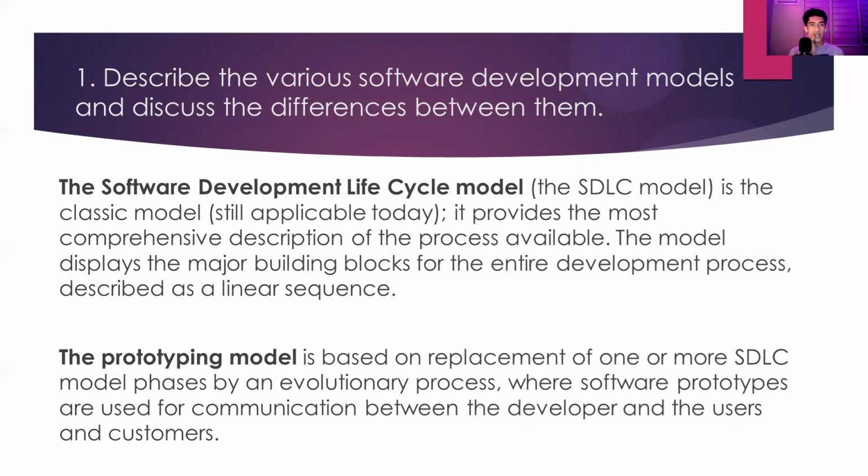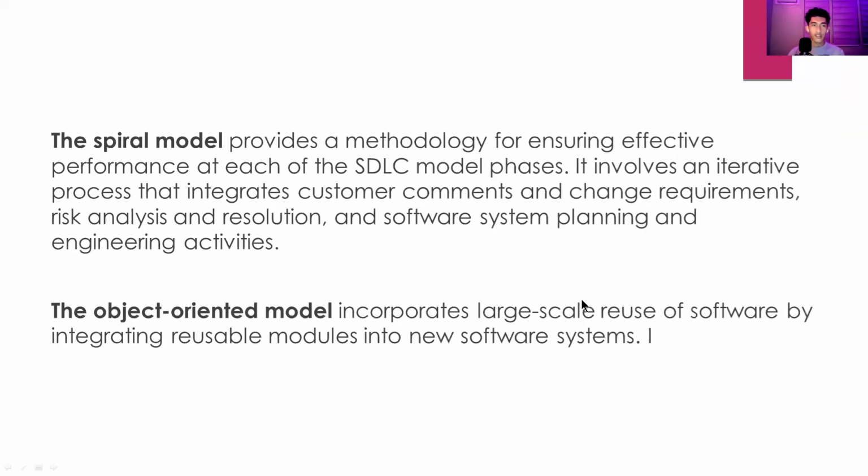There's also another model. The prototyping model is based on replacement of one or more SDLC model phases by an evolutionary process where software prototypes are used to communicate between the developers and the users and customers. Third is the spiral model, which provides a methodology of ensuring effective performance at each of the SDLC model phases.